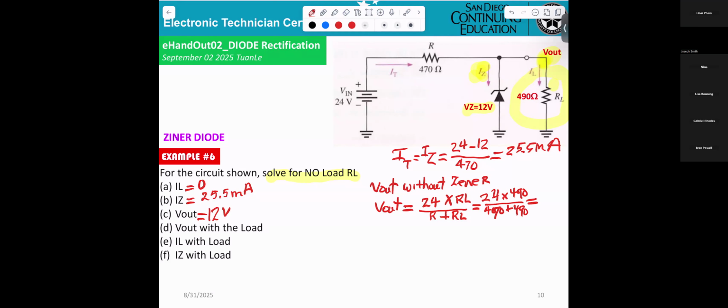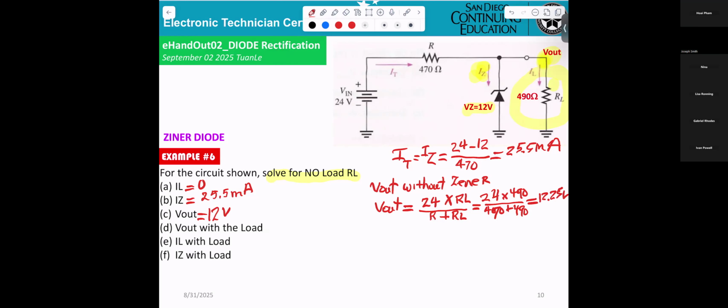What do you get? I get 12.25. That's what I got too.